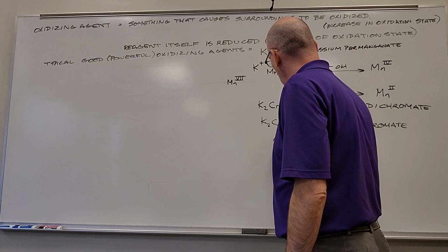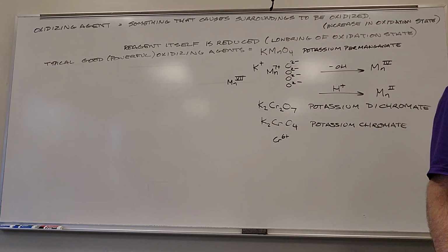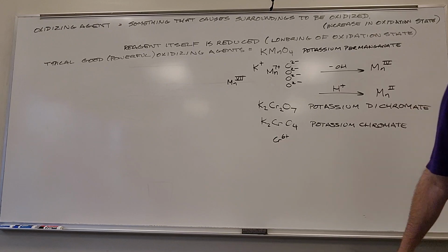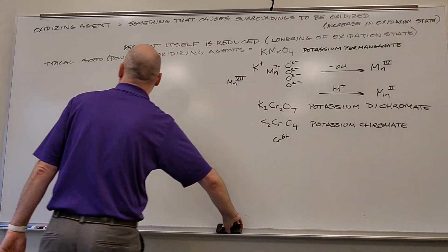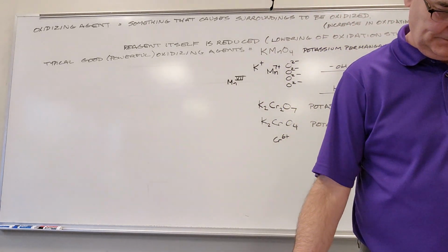This is chromium 6+ in both of them. Okay, let's look at some dichromate. I think we're going to do dichromate oxidation.